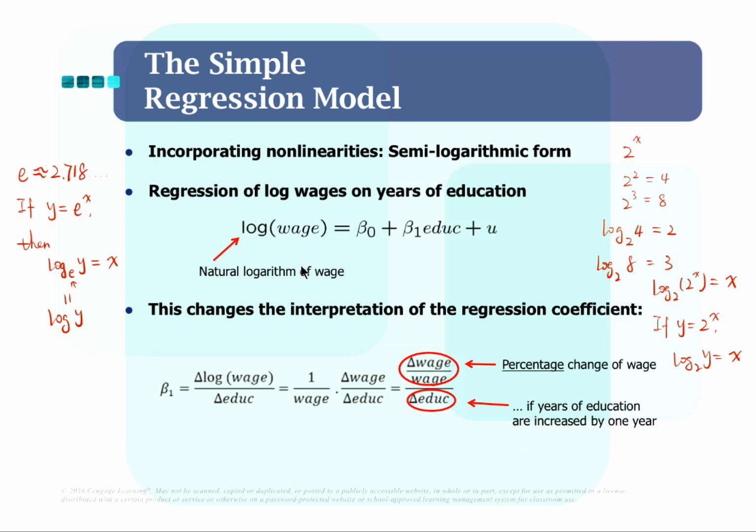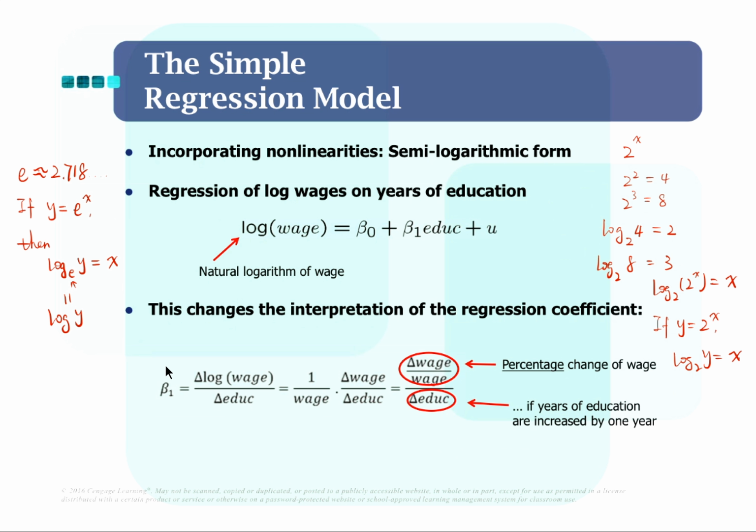One of the most important things about using this log is that it changes the interpretation of the regression coefficients. In particular, in this example, beta 1, if it's the original wage equation, wage equals beta 0 plus beta 1 times education plus u.